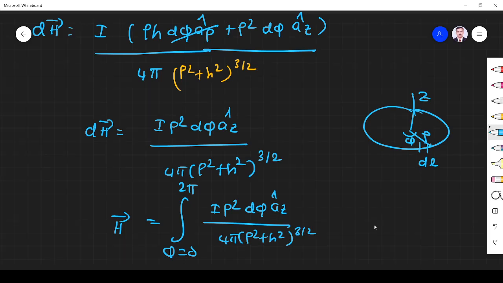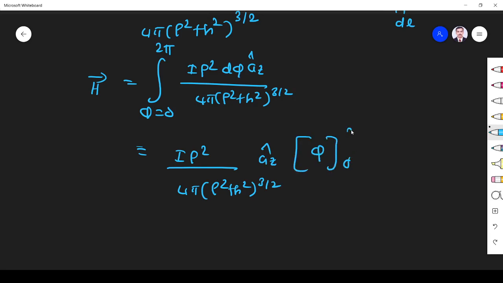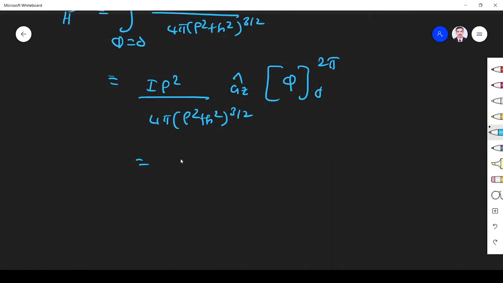It is integration with respect to phi, the other things are constant, so take them outside. So I rho squared divided by 4 pi into rho squared plus h squared to the power 3 by 2, AZ, and simply d phi, integral d phi is phi, so phi from 0 to 2 pi. If you simplify this, that gives I rho squared divided by 4 pi into rho squared plus h squared to the power 3 by 2, times 2 pi AZ.